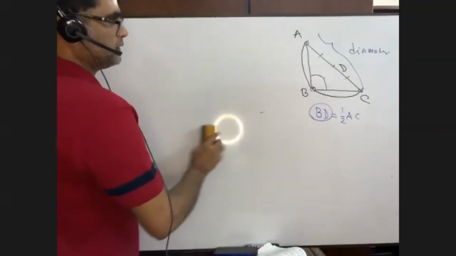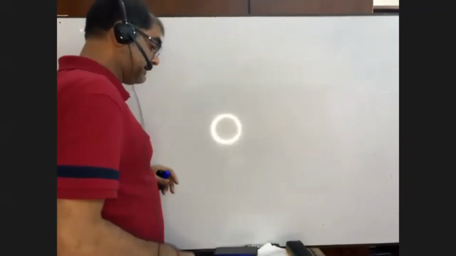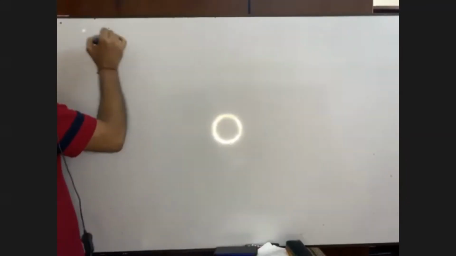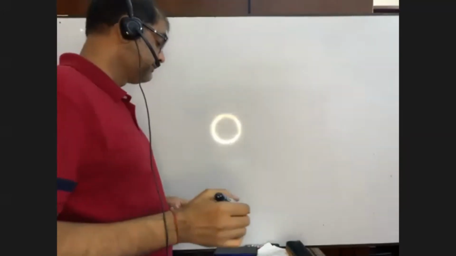Now I am going to another important math that will be given in the exam, question number 12. All of you are required to go to question number 12, the most important math. Write: in triangle ABC, D is the midpoint.